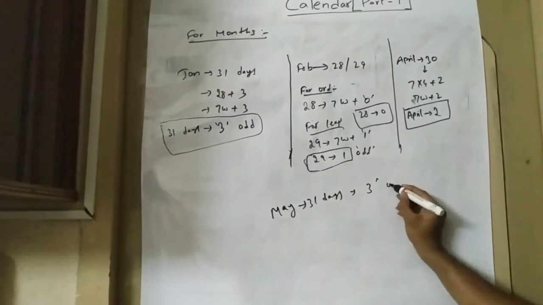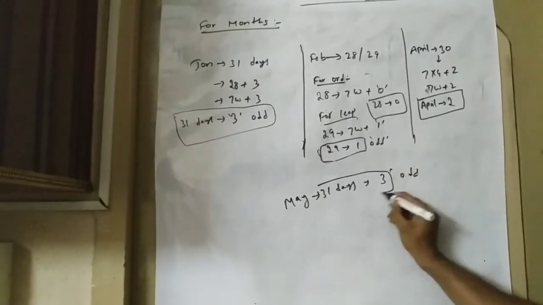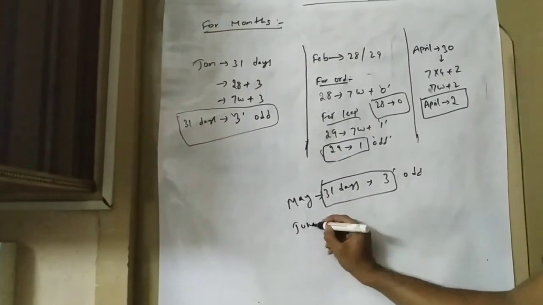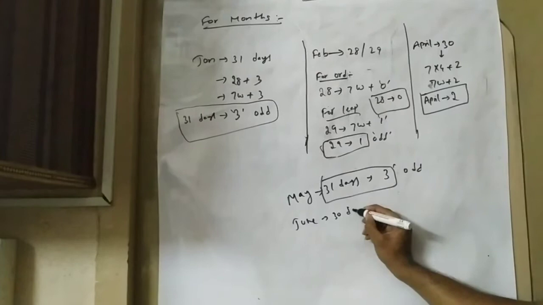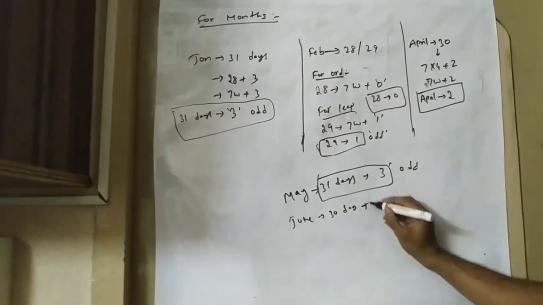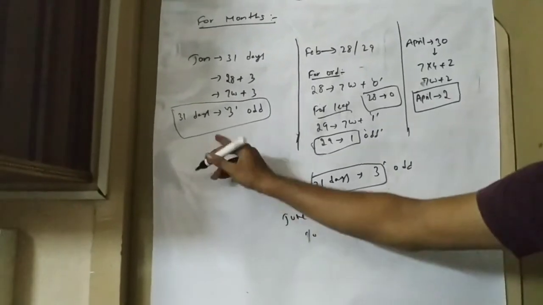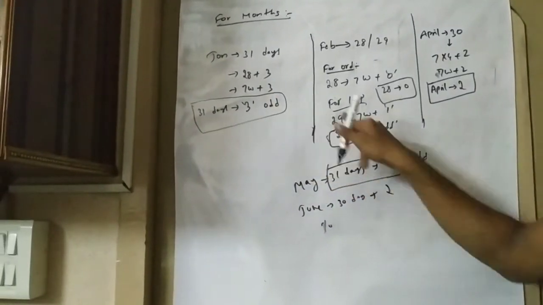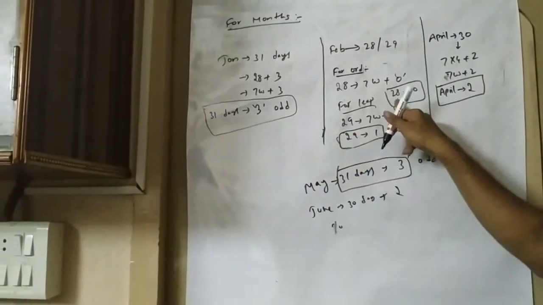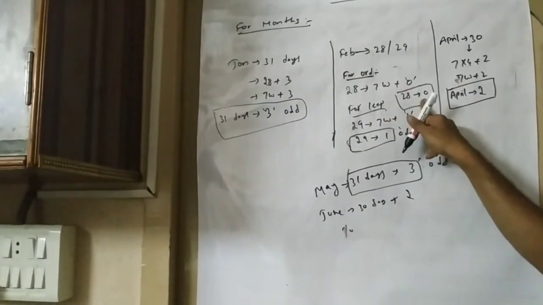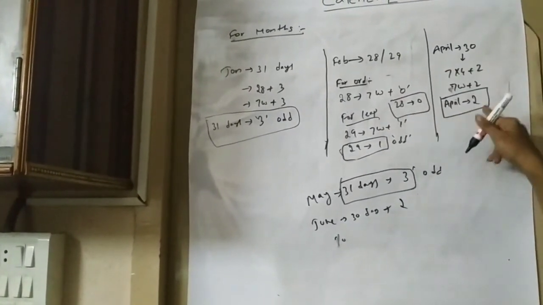For June, there are 30 days, so there will be 2 odd days. So for 31 days there are 3 odd days, for 29 days 1 odd day, for 28 days 0 odd days, and for 30 days 2 odd days.